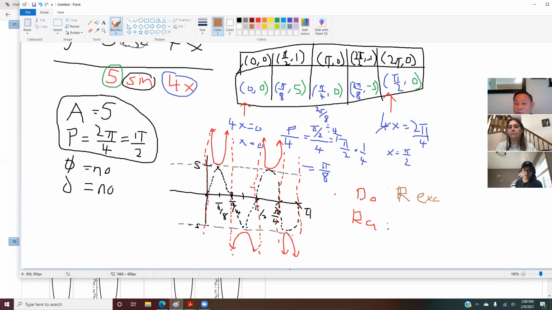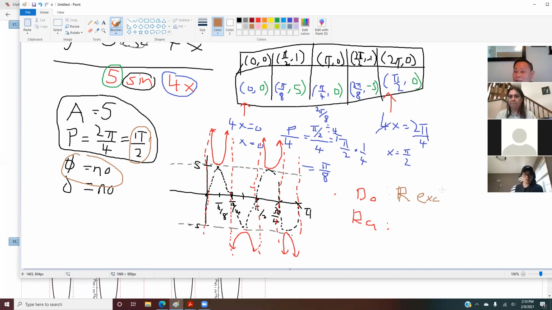Do we have a phase shift here? We don't have a phase shift, right? So you do not need to put any phase shift, but what do you do with the period here? You guys know this? It would be like pi over 2, and then it would be like n or like a k. Yep. So in this case, we just use k pi over 2.